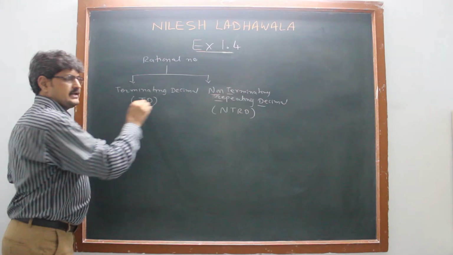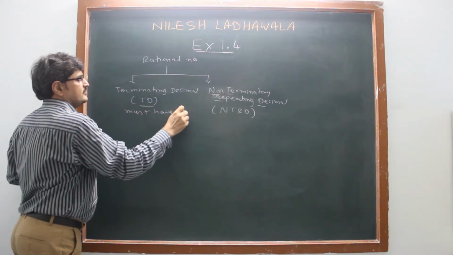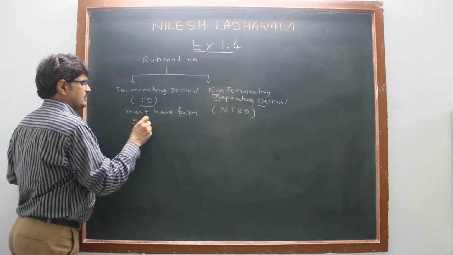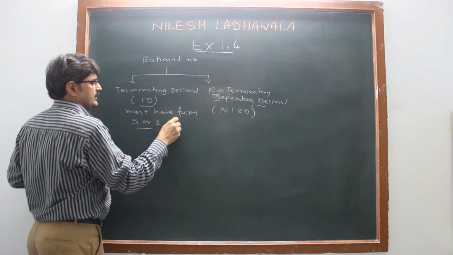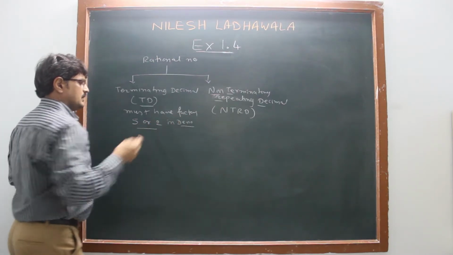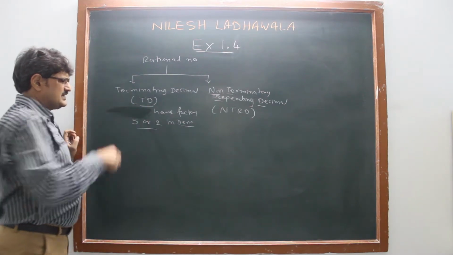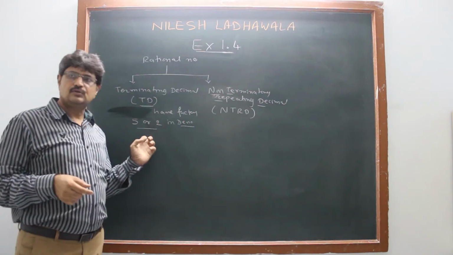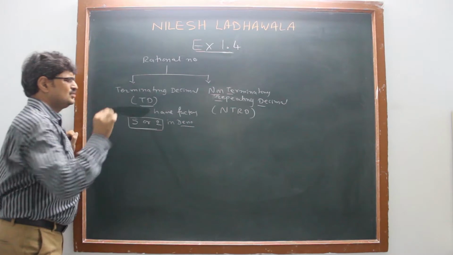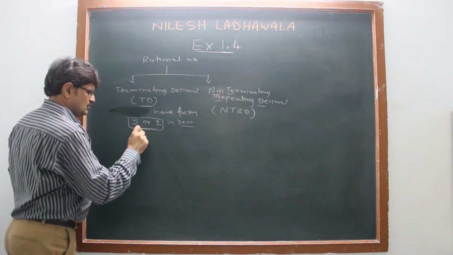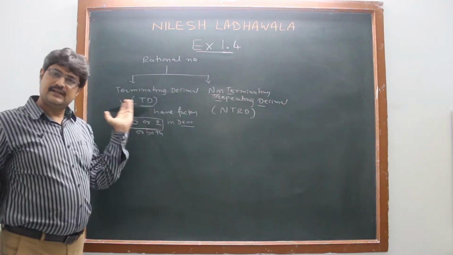Now any terminating decimal has factors 5 or 2 in the denominator. So if you find 5 or 2 or both in the denominator, you have to write that it is TD.